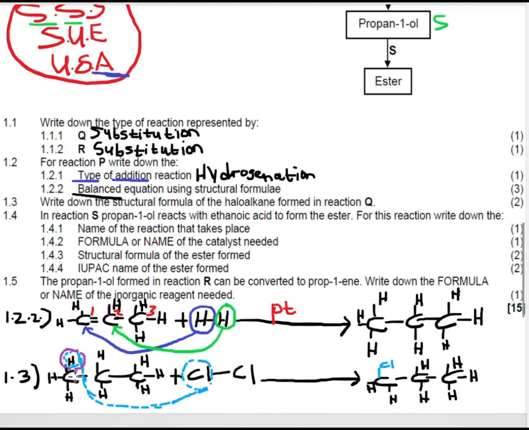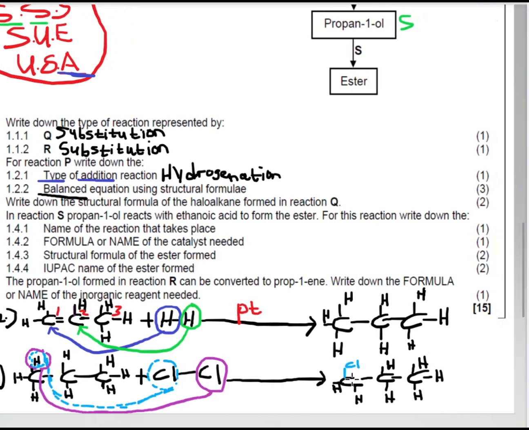So this hydrogen atom will go and bond with the other chlorine atom that we didn't use. Hence, we're going to form the hydrogen chloride. So what we are forming here is the hydrogen chloride, the hydrochloric acid. Very important. That's how the reaction is done there.